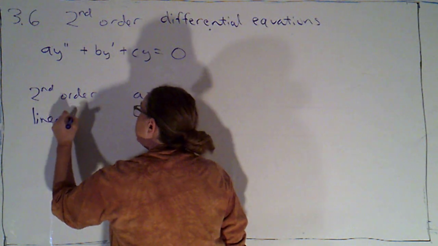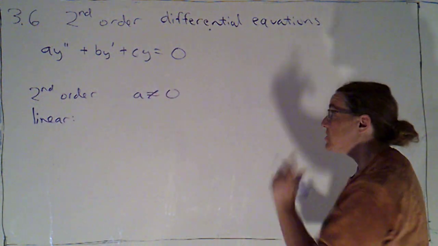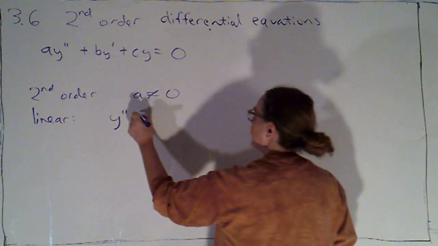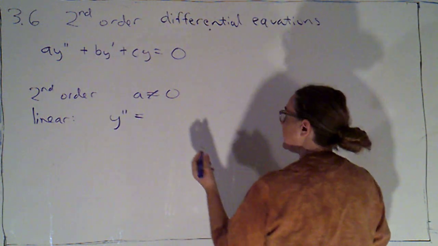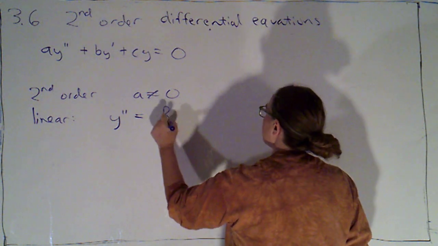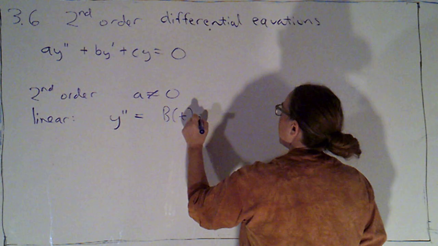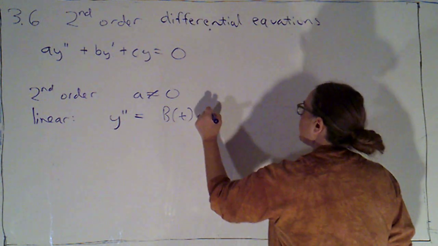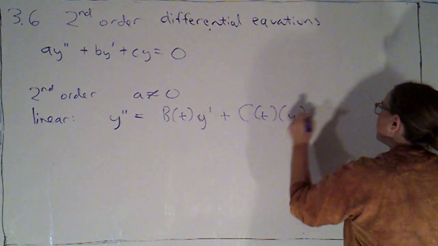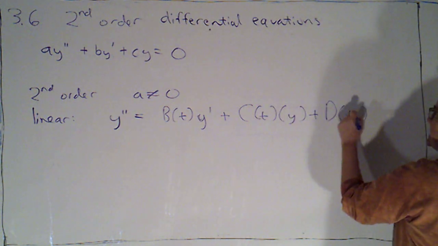Second, this is linear. Now, linear just means that if I were to solve for y double prime, I would be able to write it as some function: b of t times y prime plus c of t times y plus d of t.